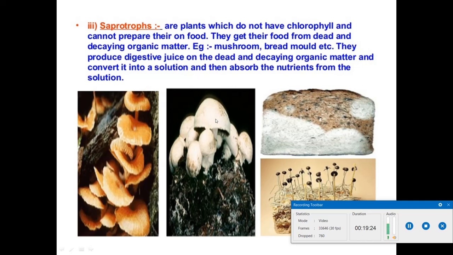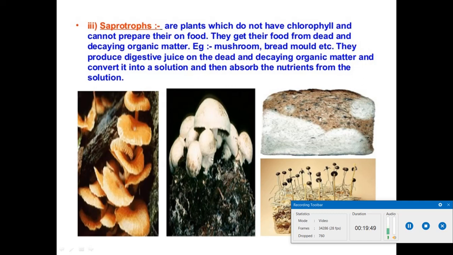Mushroom is non-green in color and it cannot prepare its own food. Then how does it get the nutrition? This mushroom, the saprotroph, gets the nutrition by producing digestive juices on dead and decaying organic matter. Here is the organic matter.